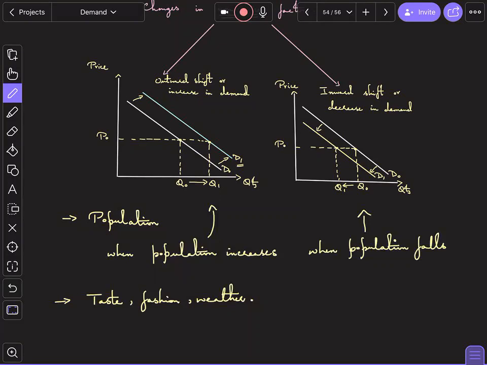At the same price, now more leather jackets will be demanded, which will cause an outward shift of the demand. While during cold weather, the demand for ice creams will fall and shift inwards, which will lead to less ice cream being demanded at the same price. Although there is no change in the price of the ice creams or the leather jackets, due to the change of weather, the demand is either increasing or decreasing.